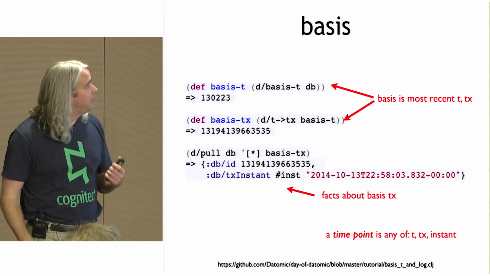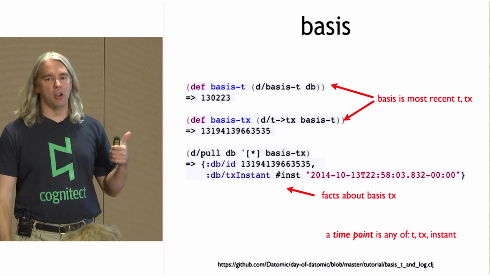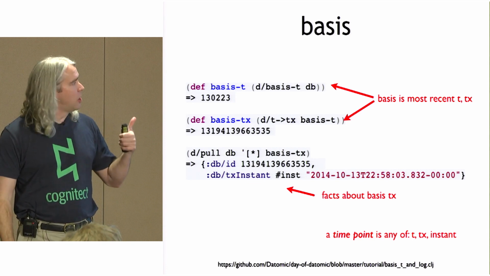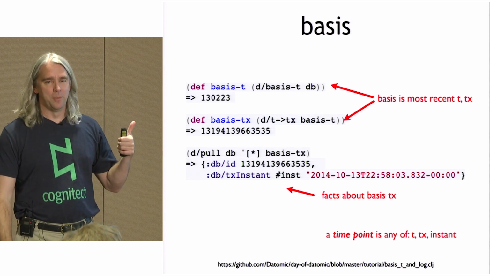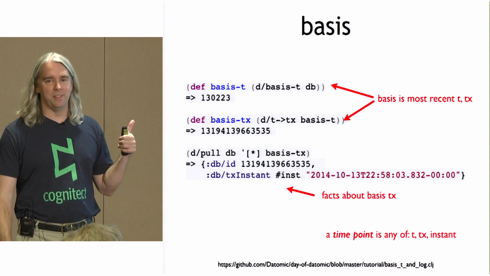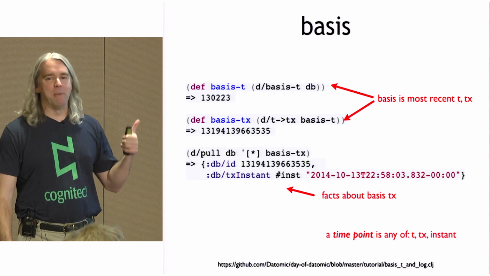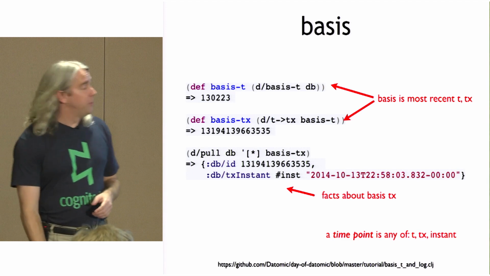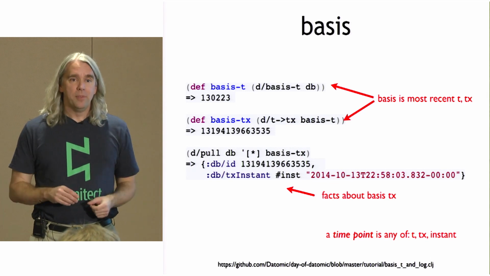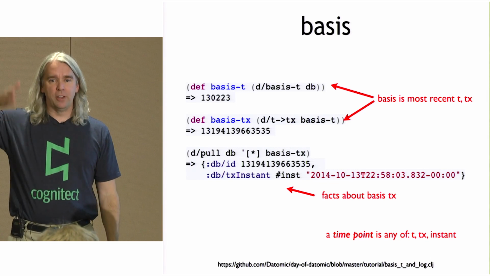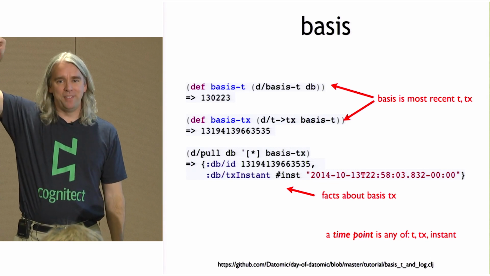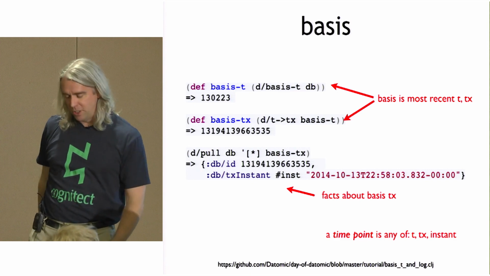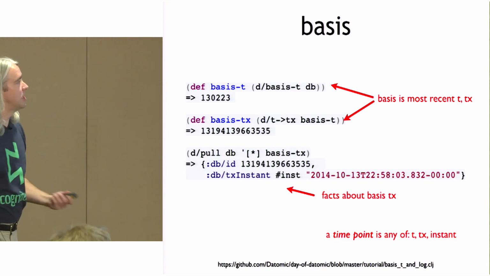And notice that t to tx only takes the number as an argument. It doesn't take the database as an argument. It doesn't need the database. What does that mean about t and tx's? They have a mathematical relationship, right? It has nothing to do with the database. And literally, a tx is just a t plus the tx partition, right? It's those high bits that put something in the tx partition. So a transaction entity is just that.